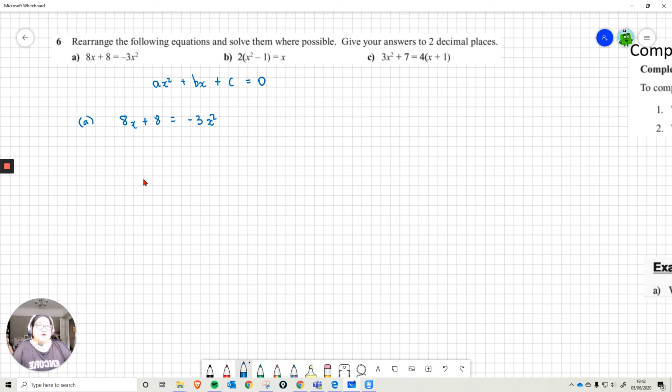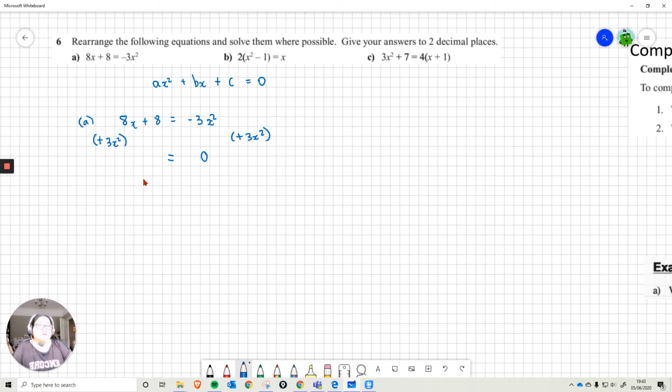Now I'm going to get rid of the right hand side because I just needed to get rid of one term. Remember the first rule to quadratics, we want to make it equal to 0. And to go from negative 3x squared, I'll add 3x squared. And that will make this become 0. But don't forget, if you do it on the right hand side, you need to do it to the left hand side.